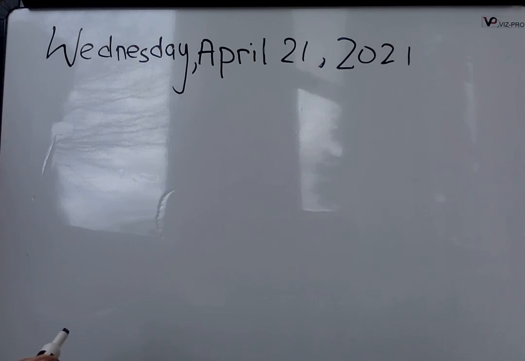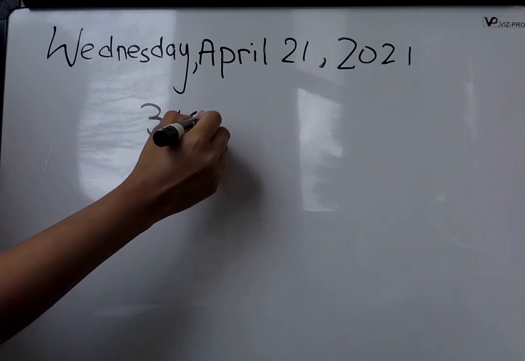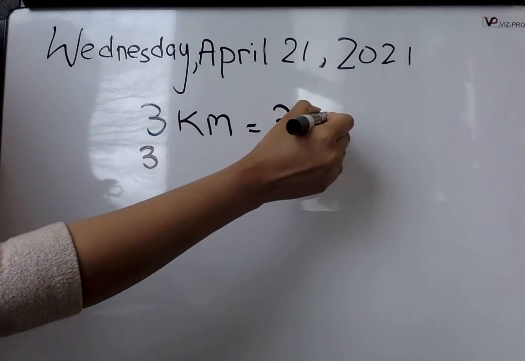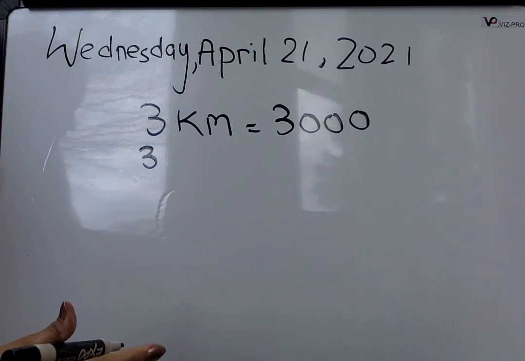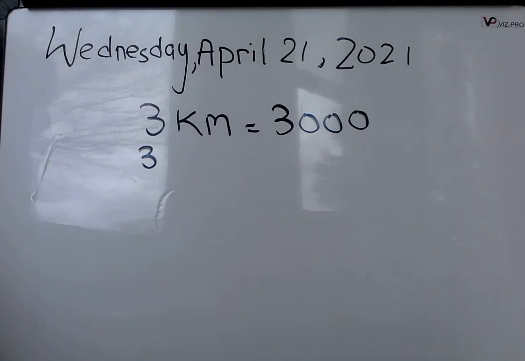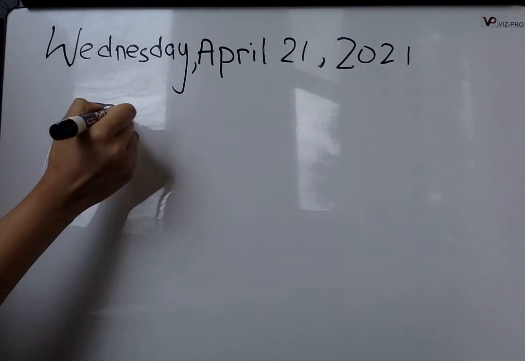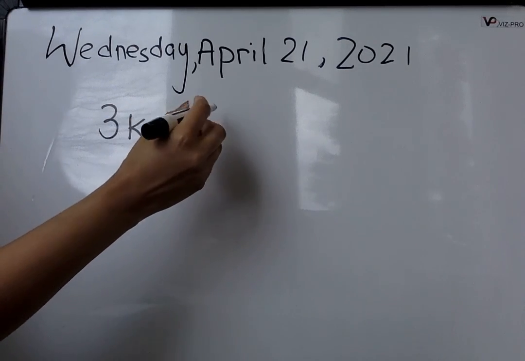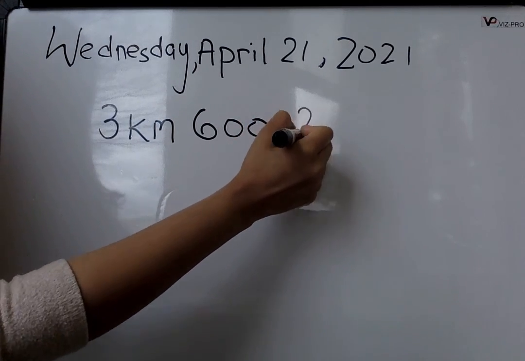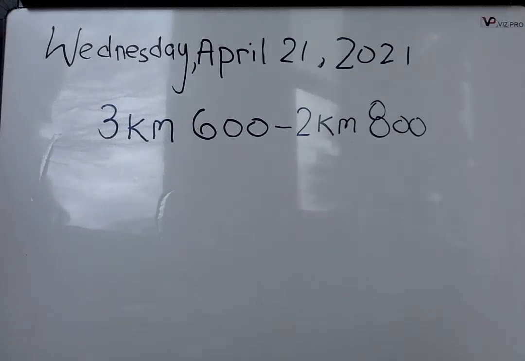Difference means we are subtracting, so first we write 3 km. What does 3 km mean? It means 3,000. I completely forgot to write my whole thing. So it is 3 km and 600 meters, and we need to take away 2 km and 800 meters.